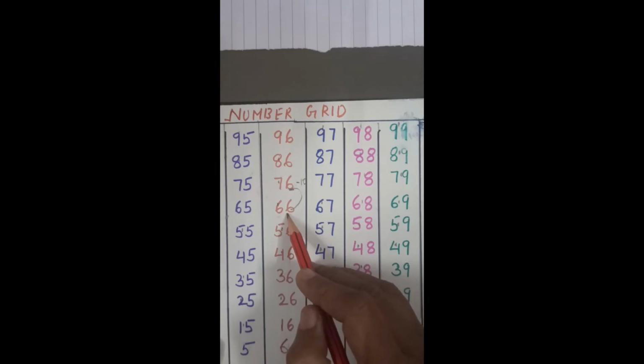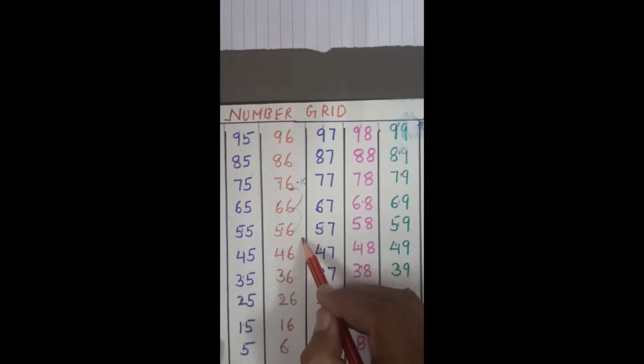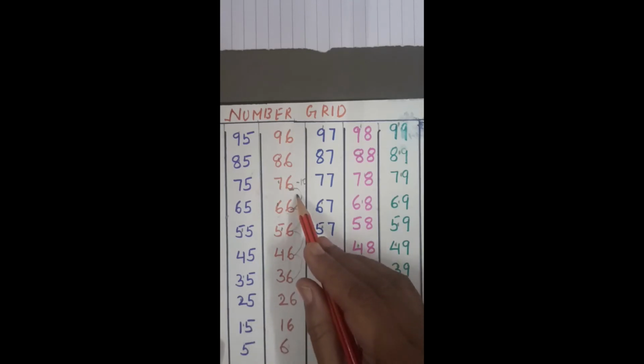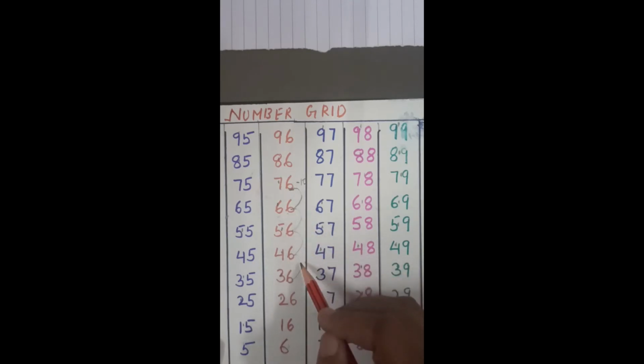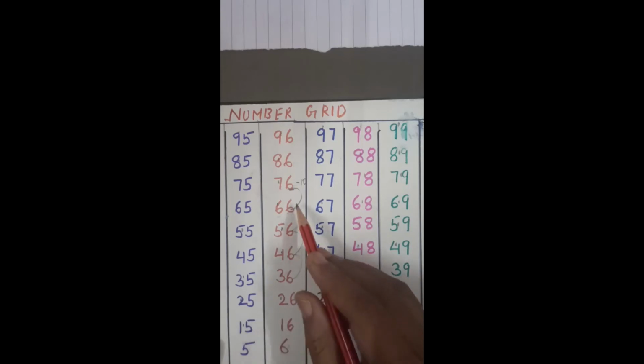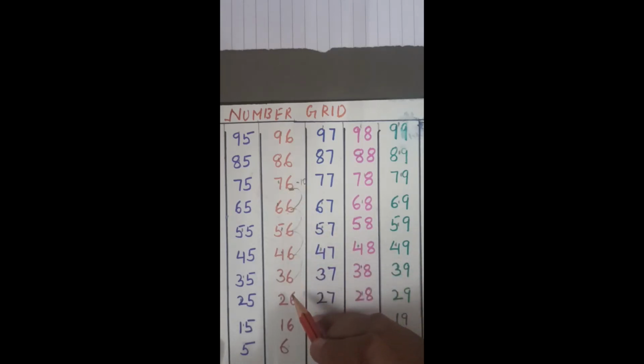Now suppose I have to subtract 40 or 4 tens, then I have to go down 4 times, right? So minus 10, then again I'll go one more time, that will make it minus 10 again. Then again minus 10, then again minus 10. That means we have subtracted 4 tens. 1 tens, 2 tens, 3 tens and 4 tens. So when we subtract, we are moving down. Why? Because the numbers are decreasing downwards in this kind of a number grid. So we reach 36.